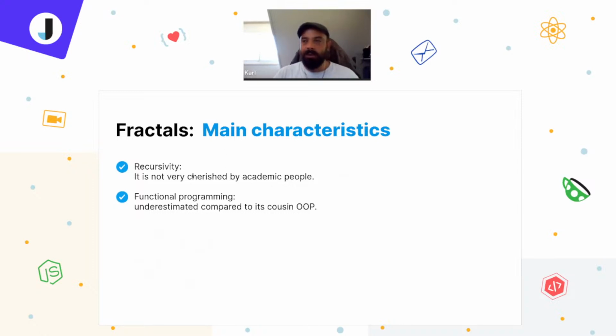Fractals are recursive because one of the simple fractals you can make, I have it on my webpage, an example in Vue.js. It is a Fibonacci string. It kind of follows the sequence of Fibonacci numbers 1, 1, 2, 3, 5, 8, etc. But it is with a string that has 1 and zeros.